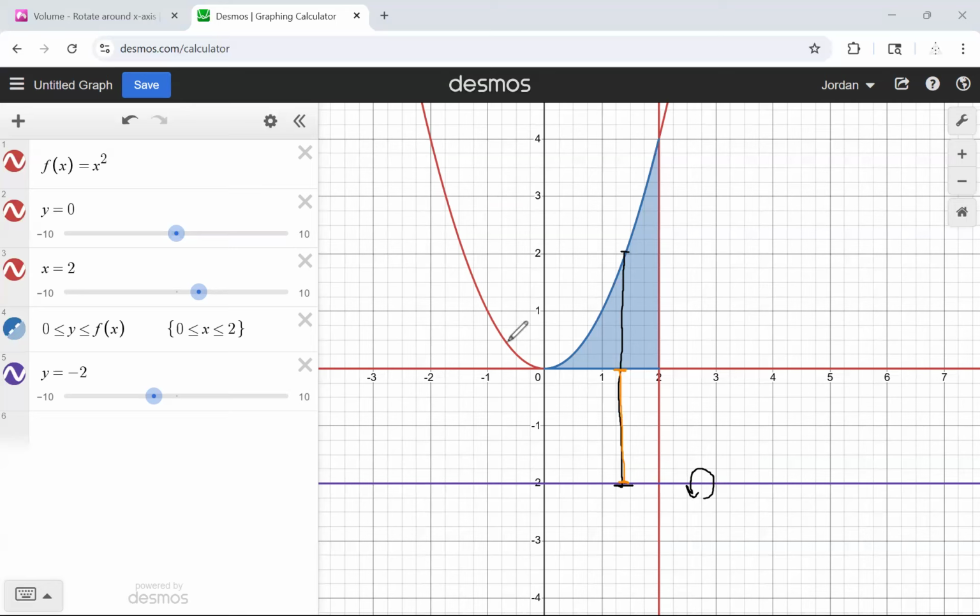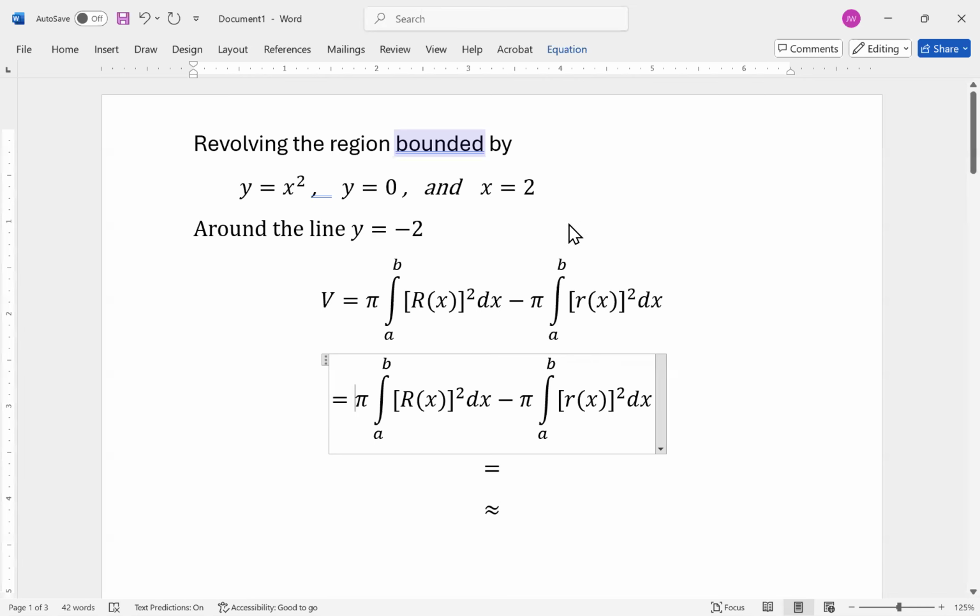So let's do that. First off, the rectangles are perpendicular to the line I'm rotating. It's a horizontal line, so everything's going to be integrated with respect to x. My region's x values go from 0 up to 2. So we see that there's space in between. We know we're going to be integrating with respect to x.